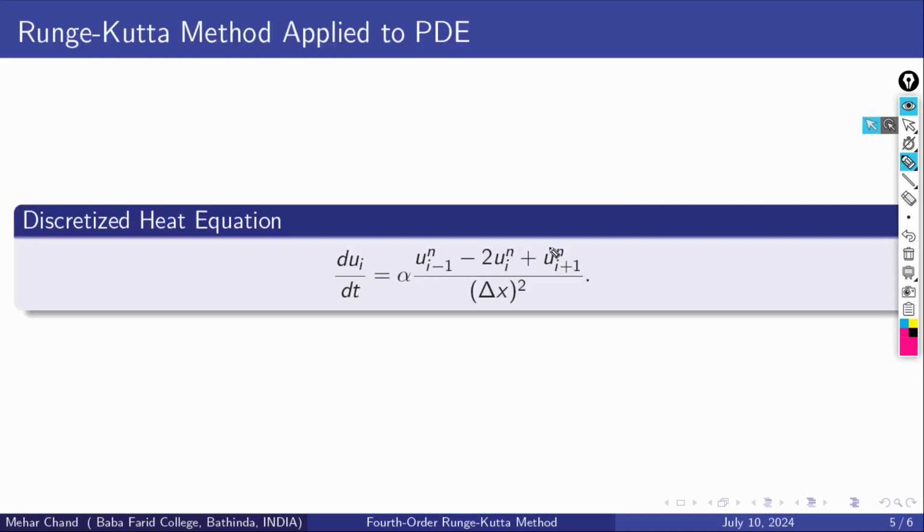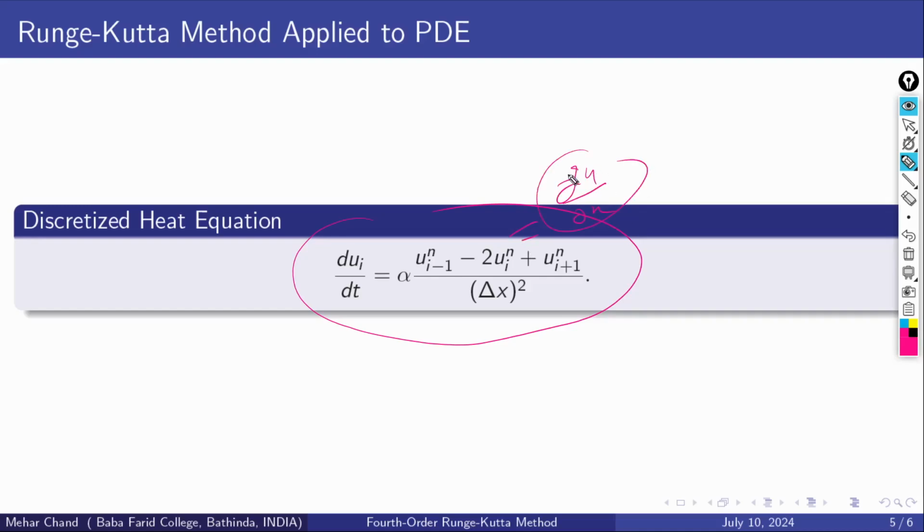Now we have to put this value in the given heat equation, and the given heat equation will be reduced to this form: du_i upon dt is equal to alpha times this value of del 2u upon del x square.